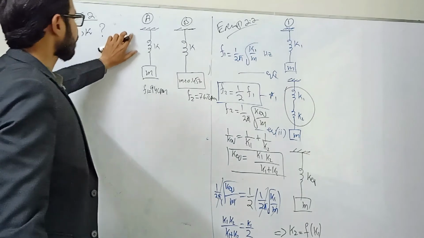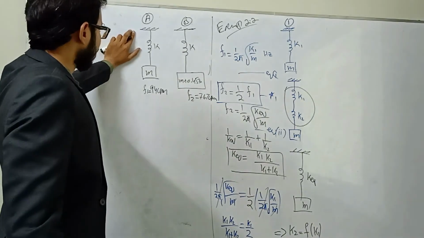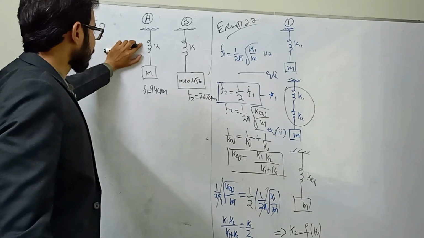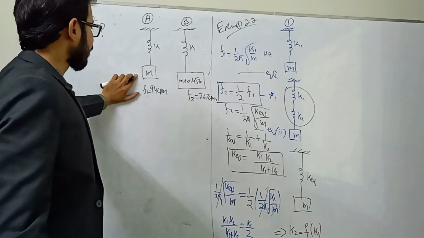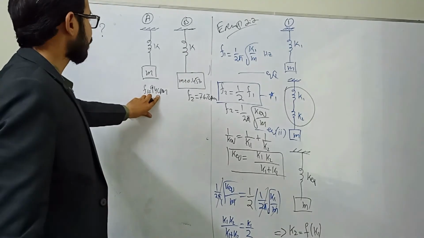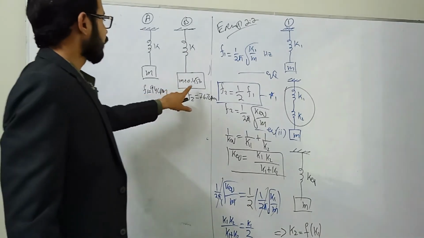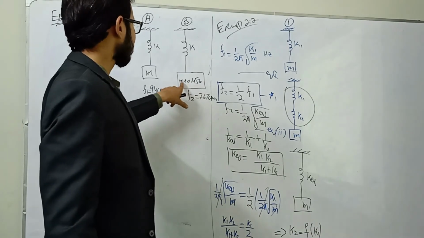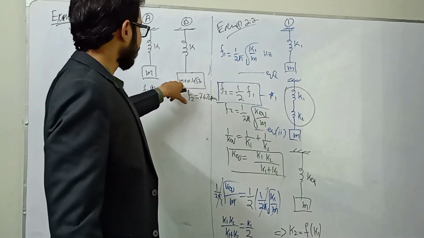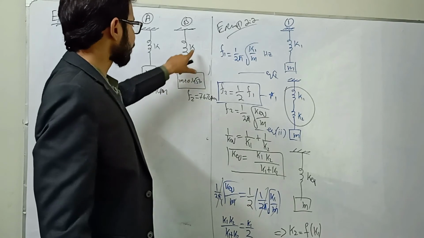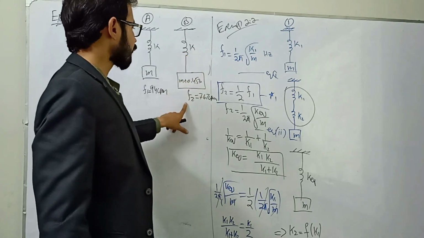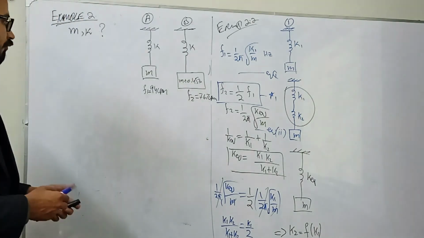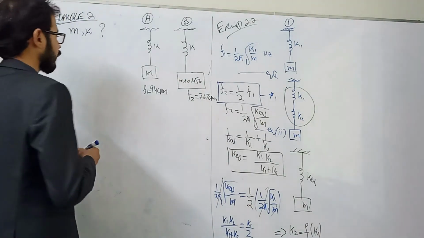This is our case A. In the first case, we have been provided with the mass and stiffness whose values are unknown, but the natural frequency value is known, that is about 94 cpm. In the second case, an amount of 0.453 kg mass is added to the already unknown mass m, and again the value of stiffness is the same, but the new natural frequency is found to be 76.7 cpm, and we are asked to find the value of unknown parameters.